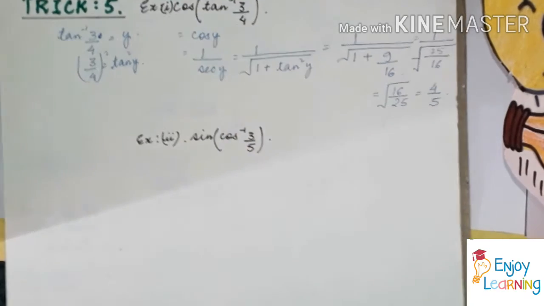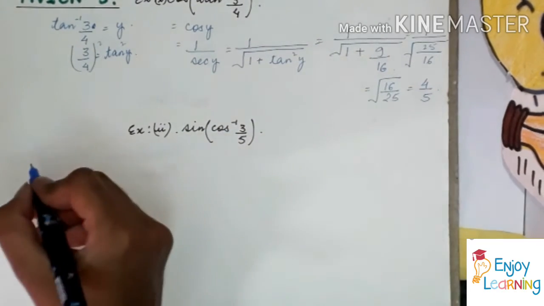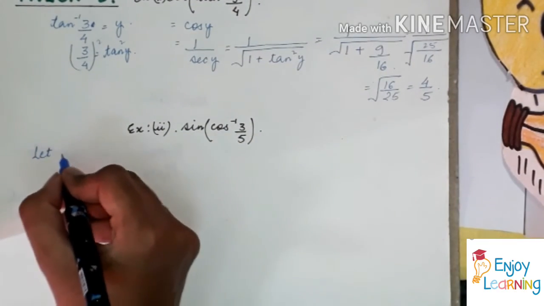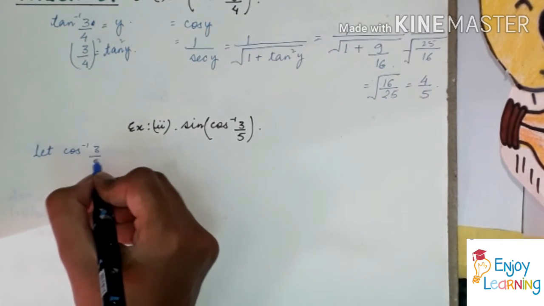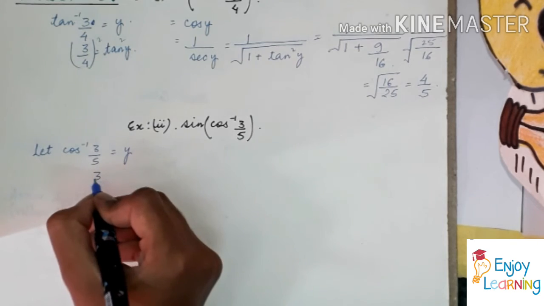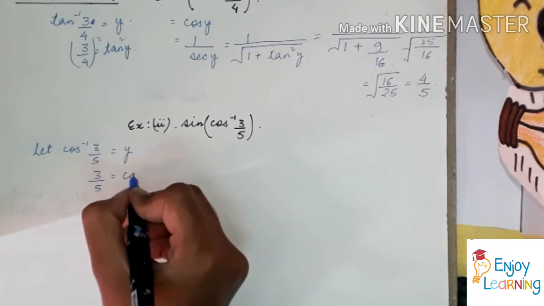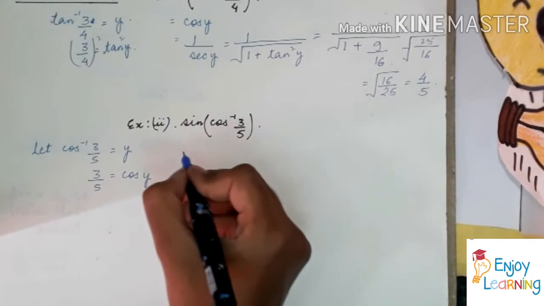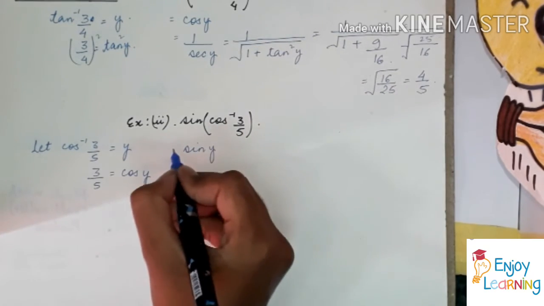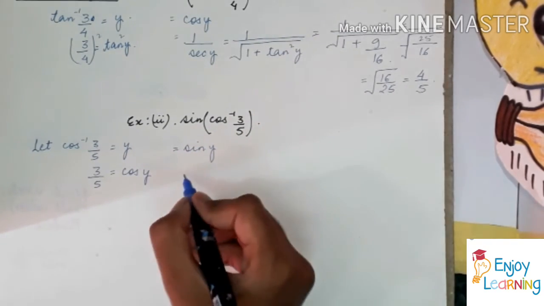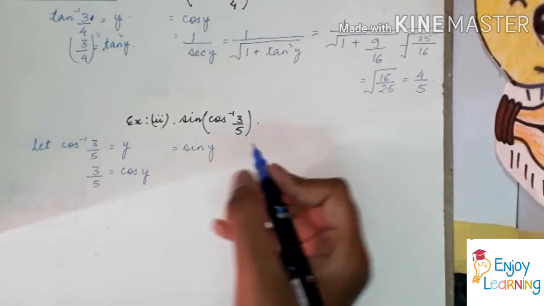Let's see example 2. Here again, what you have to do? Let the angle, that means the inverse trigonometric function, be y. Now 3 by 5 is equal to cos y. Again, the question becomes sin y. You have to find the value of sin y when already cos y is given.